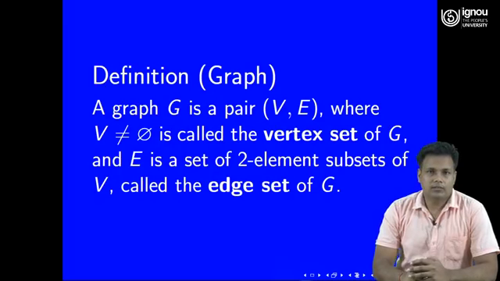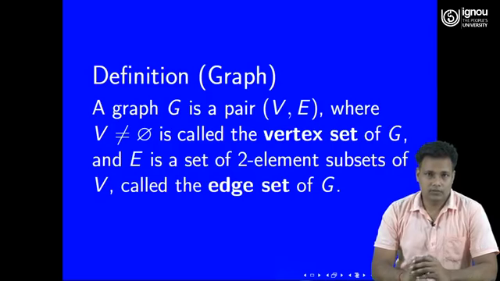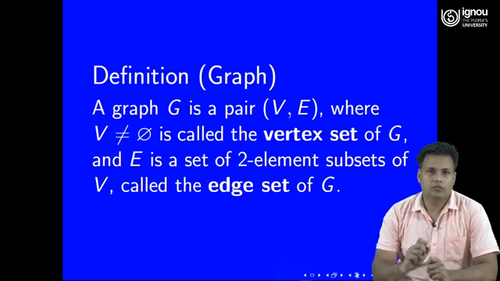Now, two element subsets of V means E is a collection of unordered pairs of the elements of V. So each edge has two endpoints, namely vertices of G.